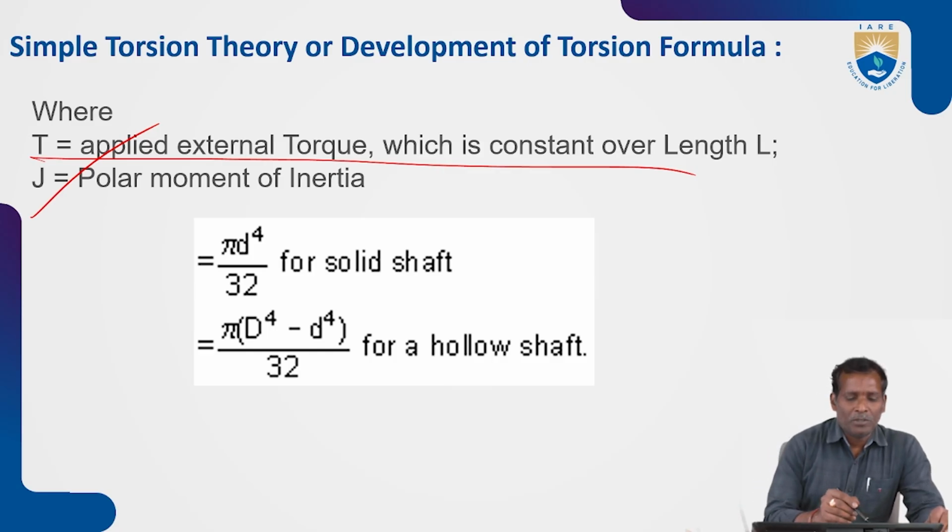So J is pi d to the power of 4 by 32 for a solid shaft.